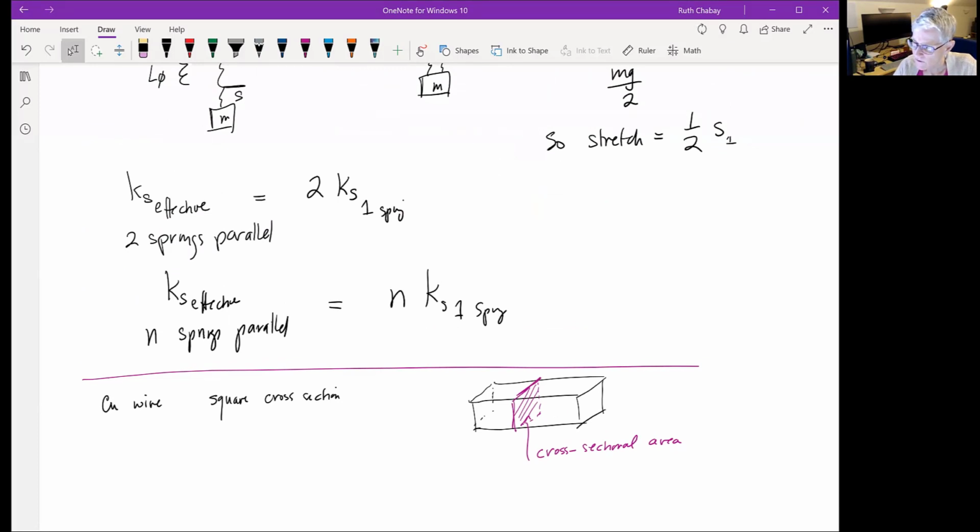So Michael, if you're asking about what if we have two chains of two springs holding up some mass, and we want the effective spring stiffness of this.